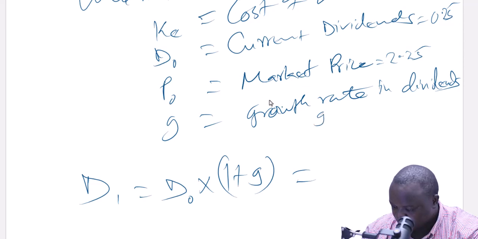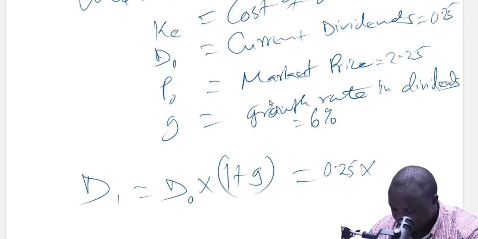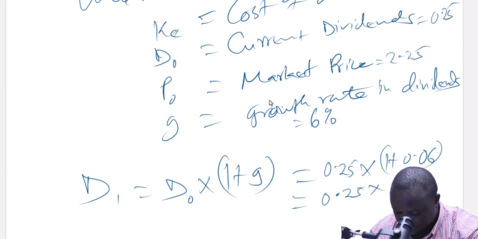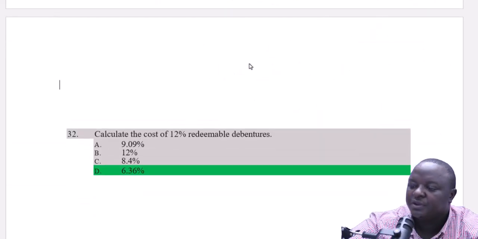The growth rate we found to be 6% from the above question. So D1 is 0.25 times 1 plus 0.06, that is 0.25 times 1.06, which is 0.265. That is our D1.